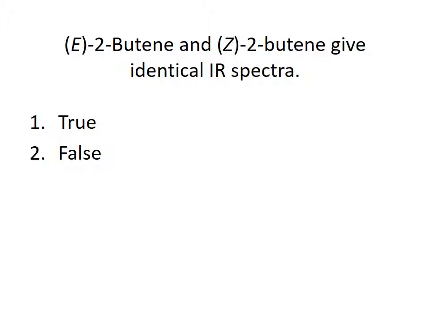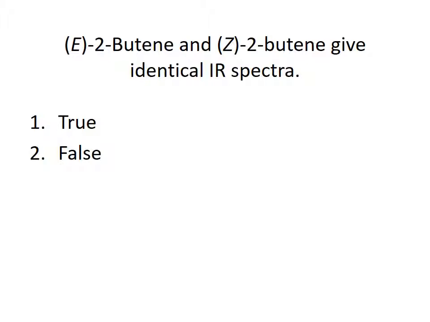Will E-2-butene and Z-2-butene give identical IR spectra? Now remember, these are not chiral compounds, but this is basically cis or trans.